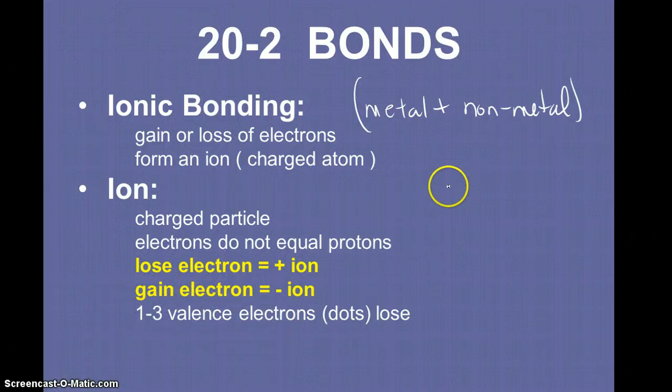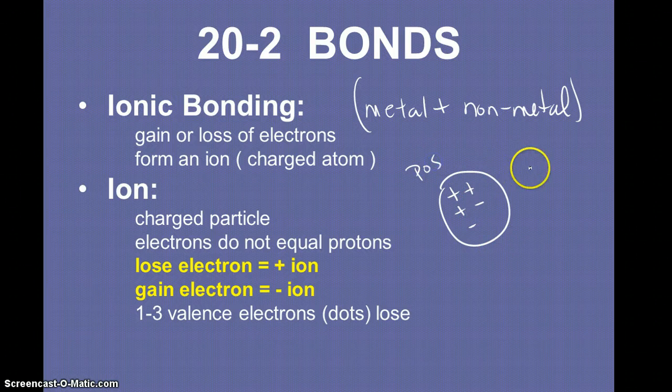If an atom, say this is an atom, very neutral, same number of protons and same number of electrons. If one loses an electron, it is now more what? Positive.